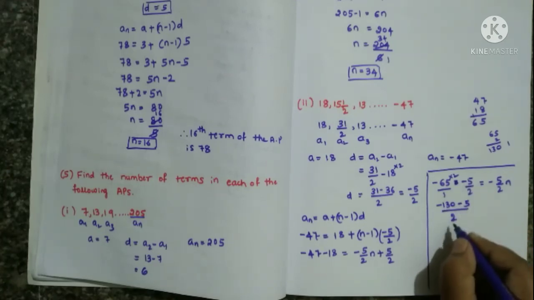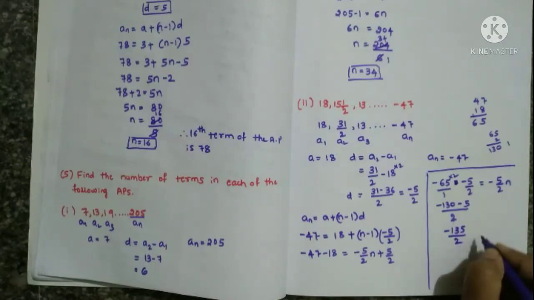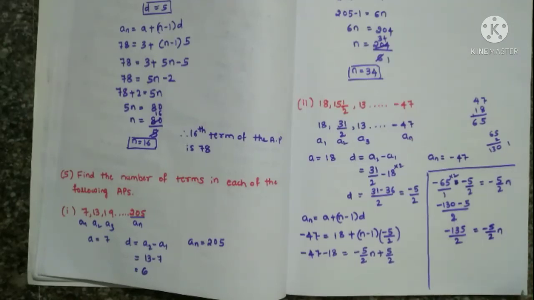Minus 130 minus 5 is minus 135 by 2 is equal to minus 5 by 2 n. Now n we want to find it. Remaining terms you transfer left side. This minus also I'll transfer left side. So I'll write like this. Minus 5 by 2 n is equal to minus 135 by 2.